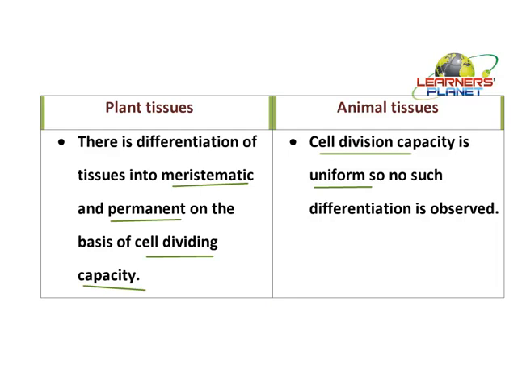Because they all are living and they need a constant supply of energy, and they are performing all of the functions continuously. So there is no such differentiation. If they are living, definitely they will have a capacity for cell division also. So such differentiation into growing and non-growing tissues is completely absent in the case of animal tissues.